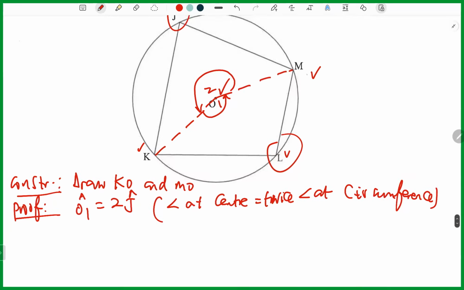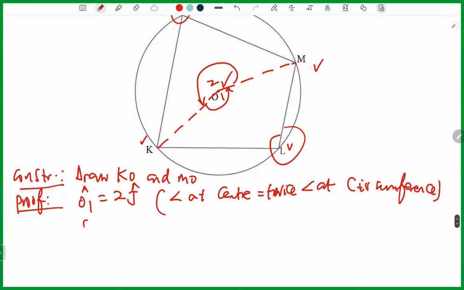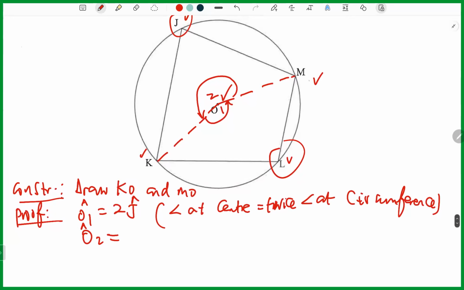And then now we also have angle O2. Angle O2 is twice L. This one. Angle at center, because O is the center, is twice angle at circumference.